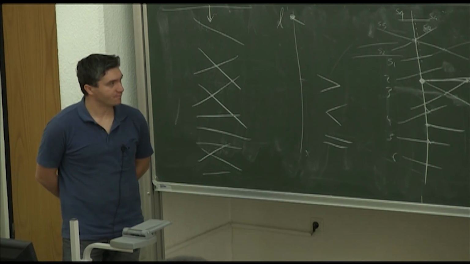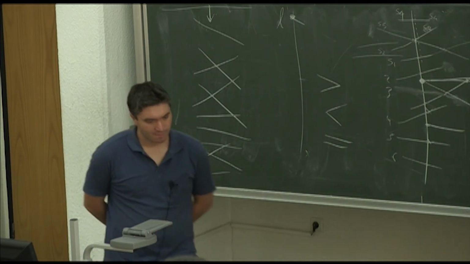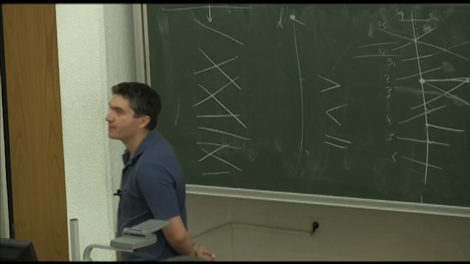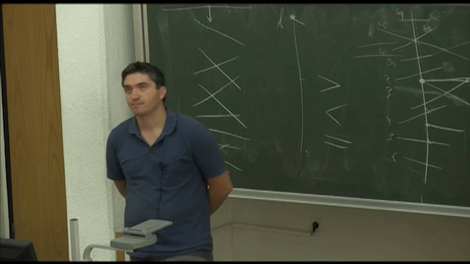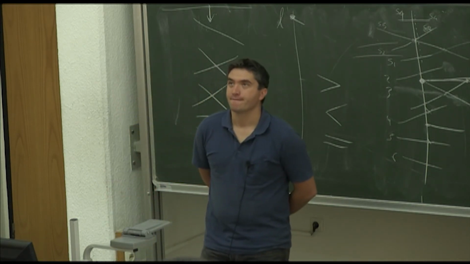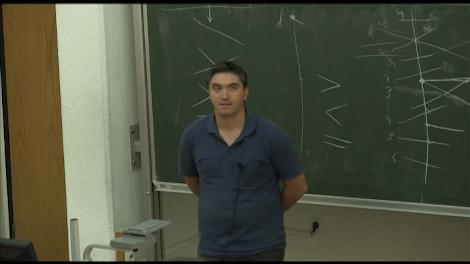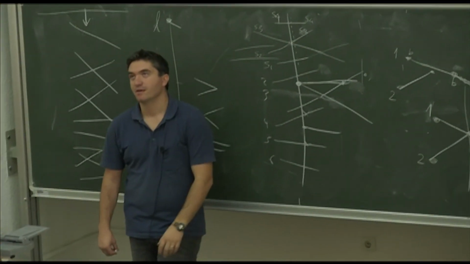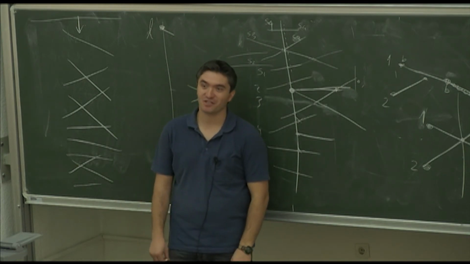Okay, so we are ready to describe the algorithm, but for your homework, we need another observation. An intersection that is detected and put in the event queue at some point can be detected again.